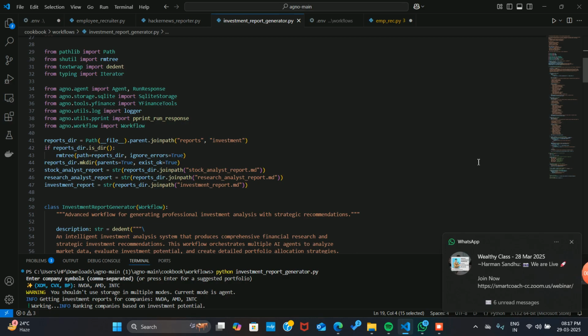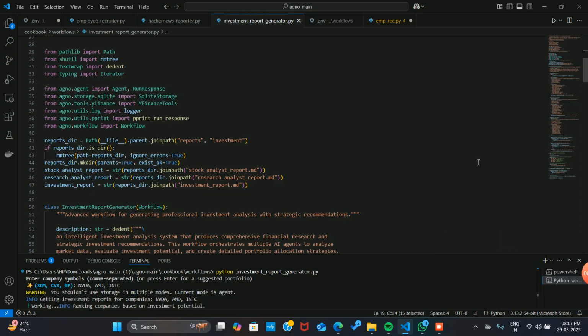So the capabilities that come with the code that we're looking at in my VS Code right now are basically real-time market data analysis, professional financial research, investment risk assessment, portfolio allocation strategy, and a detailed investment rationale as to why it is suggesting something, if it is suggesting anything.